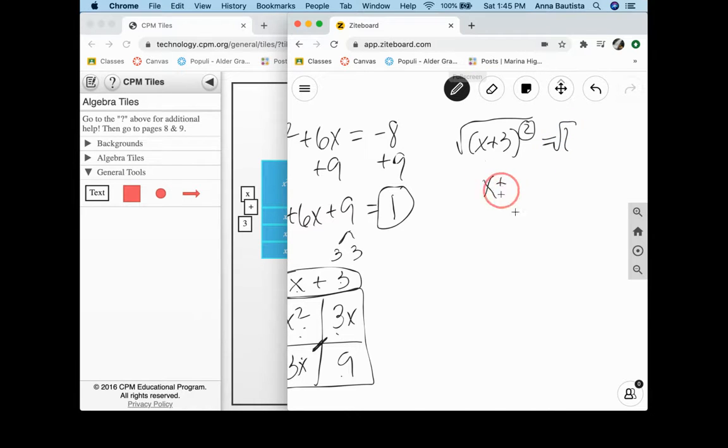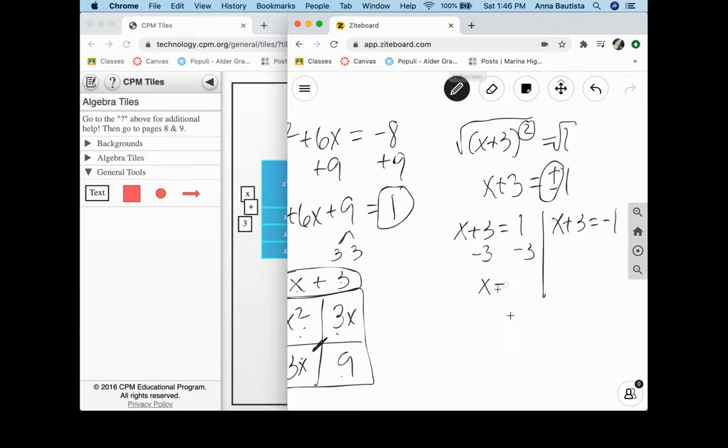We get x plus 3, and the square root of 1 is plus or minus 1. So we see we have two different values here, a positive and a negative. So we're going to have x plus 3 equals positive 1 and x plus 3 equals negative 1. We'll still end up with two different x values, or two different zeros. In order to solve for x now, we must subtract 3 from both sides.